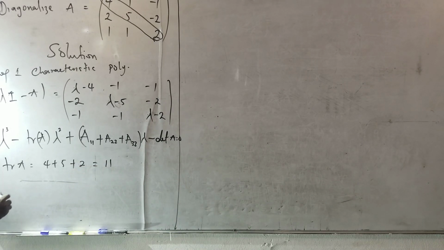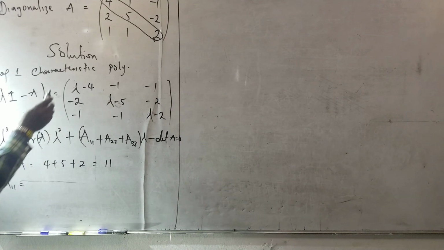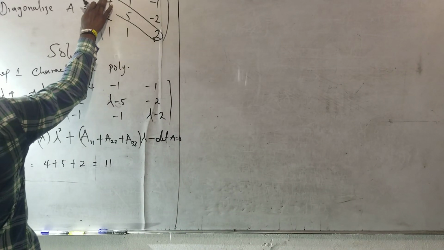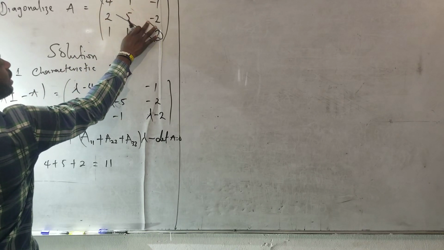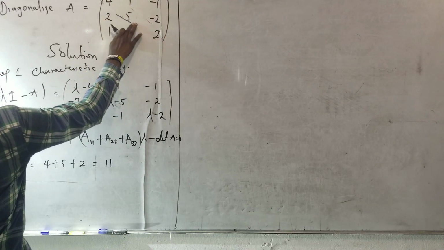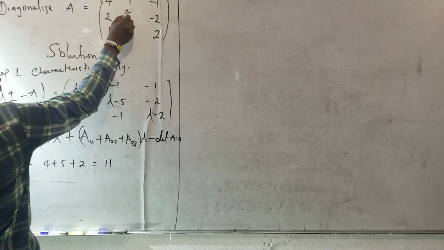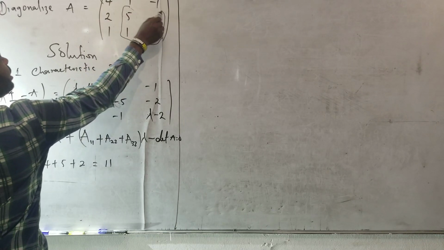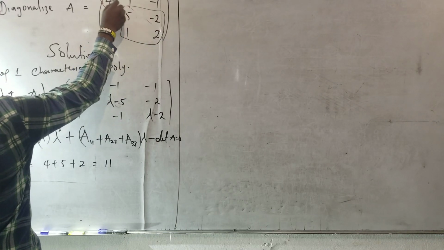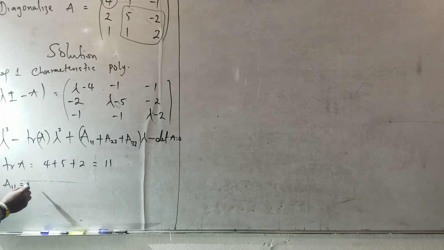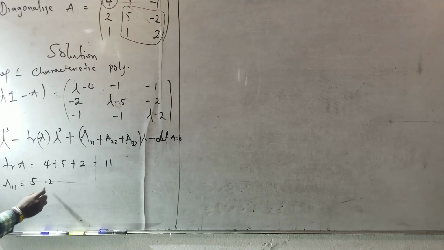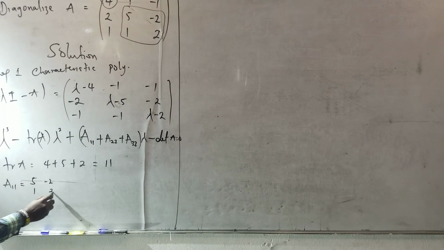And if I'm talking about my A11, now how do I get my A11? This will be my A11. It means at this point we're talking about this part. It means I'm talking about 5, minus 2, 1 and 2.